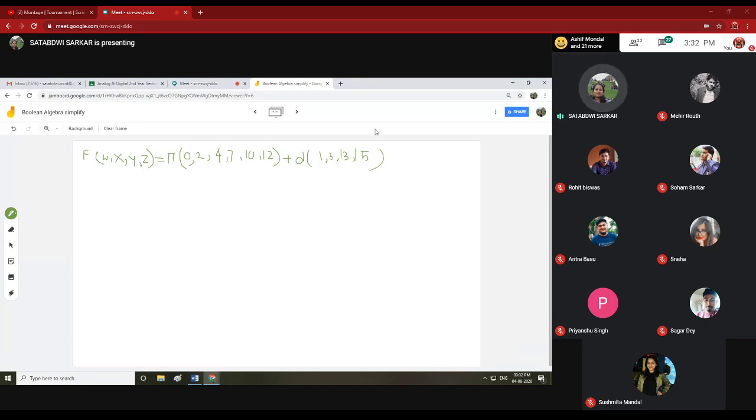If don't care is present with a POS expression, then we have to make a combination of this POS expression with the don't care positions. If don't care is present with an SOP expression, then we make groups using the don't care with the min terms. Now with the max terms, we will use this.